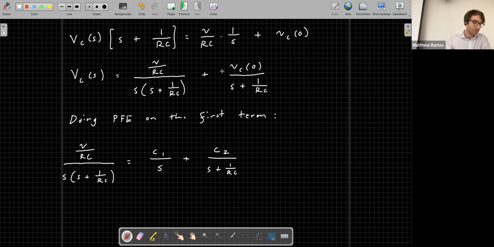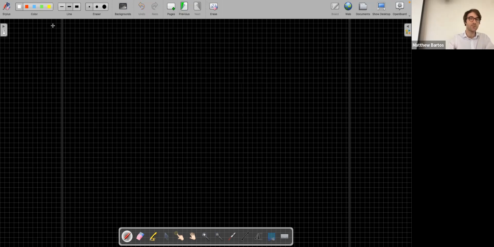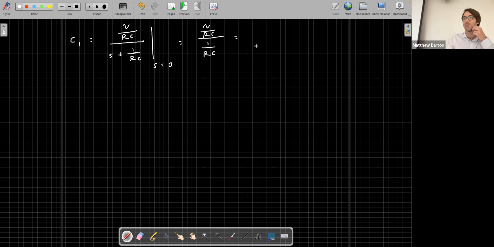All right. So let's go ahead and do that. Okay, so C1 we know is equal to, if we multiply through by S, on the left-hand side V over RC divided by S plus 1 over RC, evaluated at S equal to 0. If we do this, we get V over RC divided by 1 over RC, which will give us simply what?